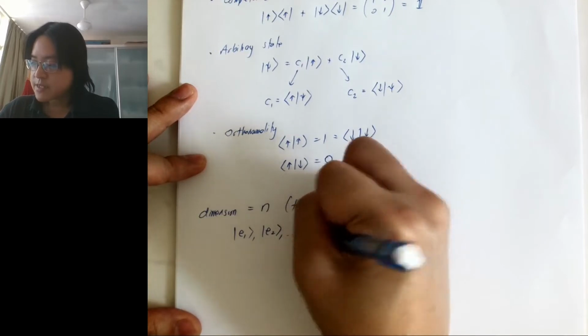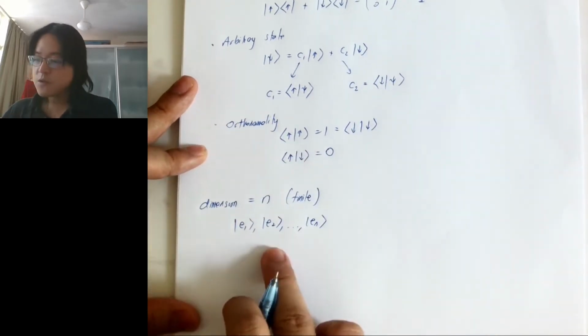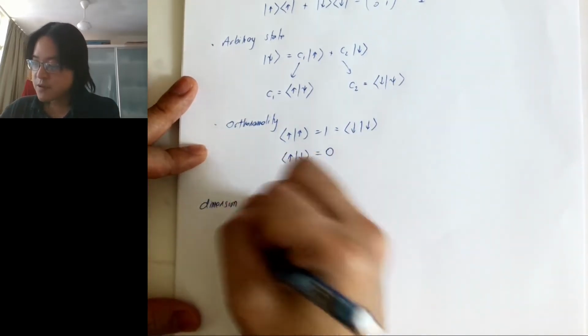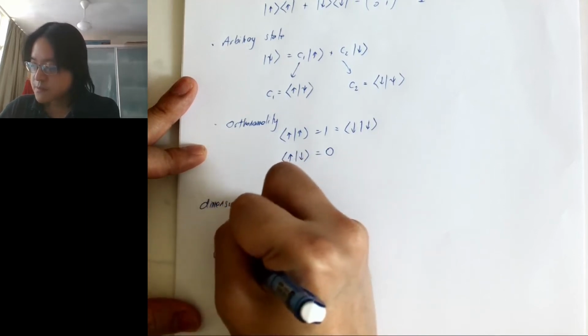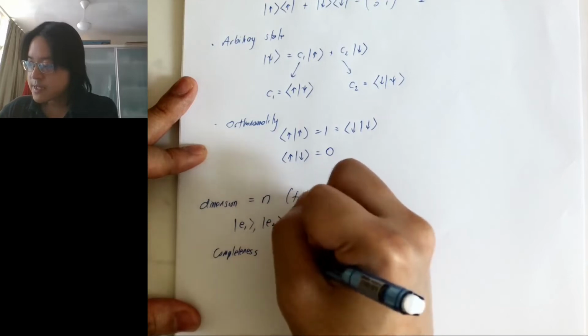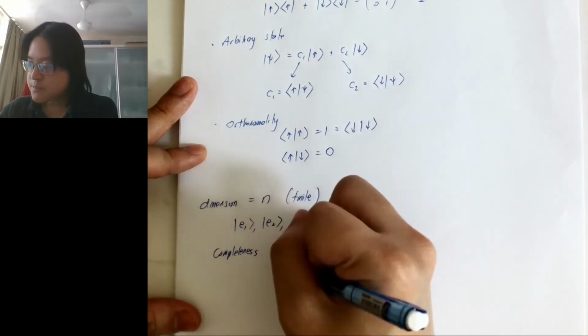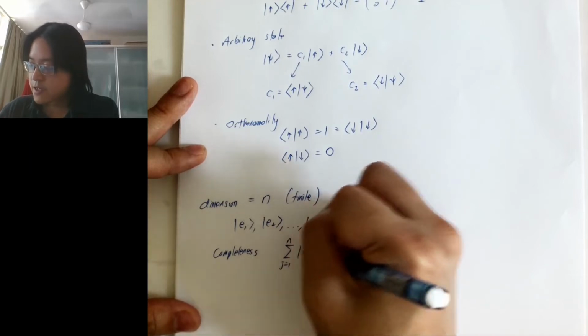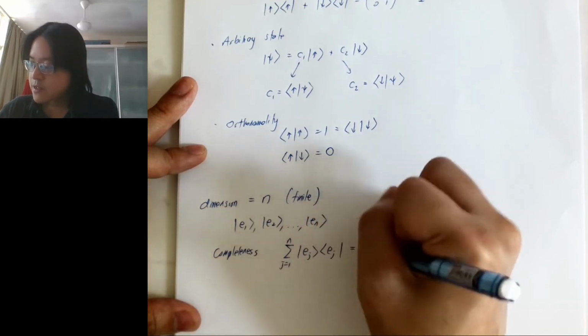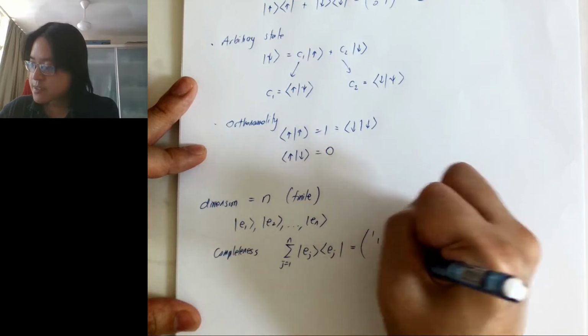They are discrete states, right? So the completeness relation is, well, it's not just 2 terms now, but I need to sum from 1 to n, Ej and then Ej, and then it's going to get an identity matrix, right?